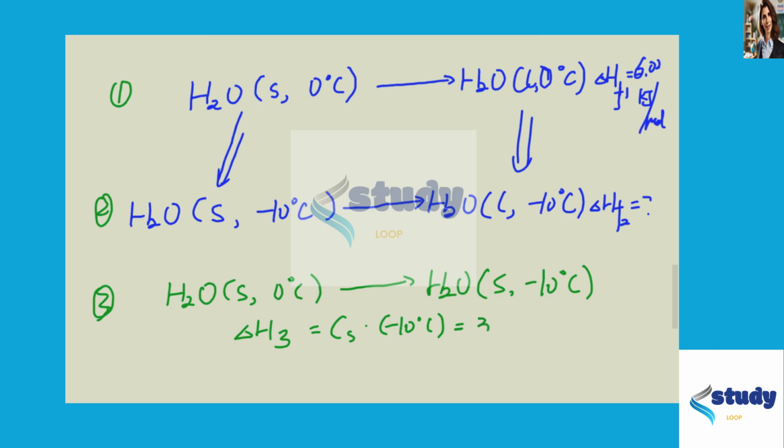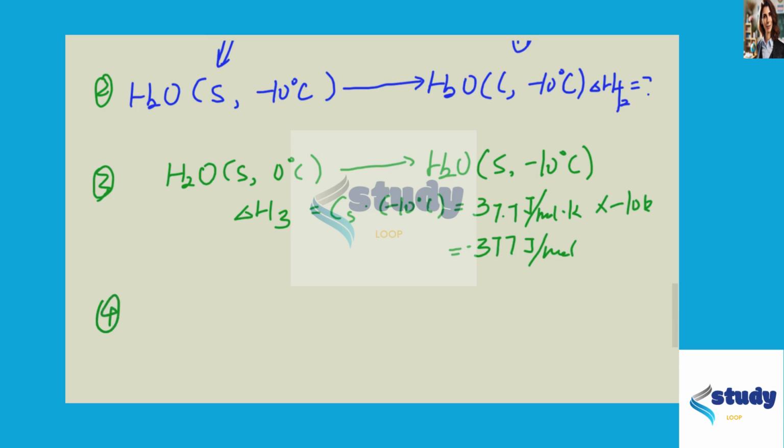The heat capacity is 37.7 joule per mole per K, times -10 K. This equals 377 joule per mole, with a minus sign.